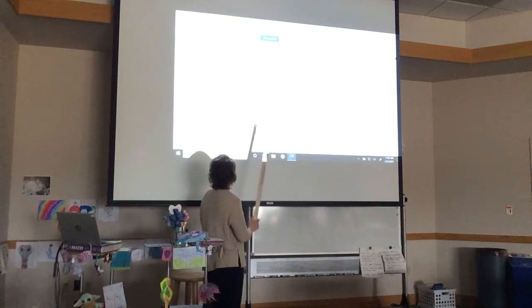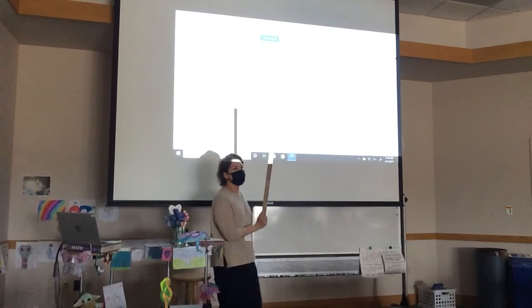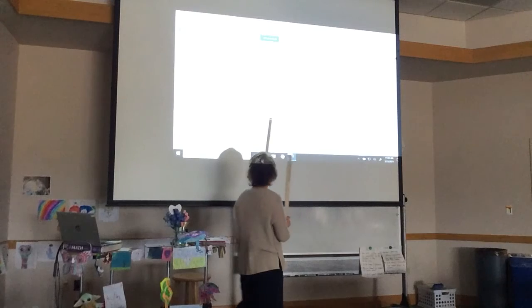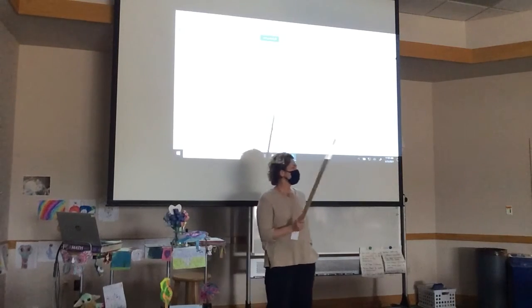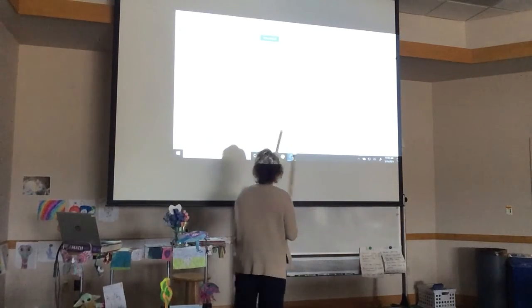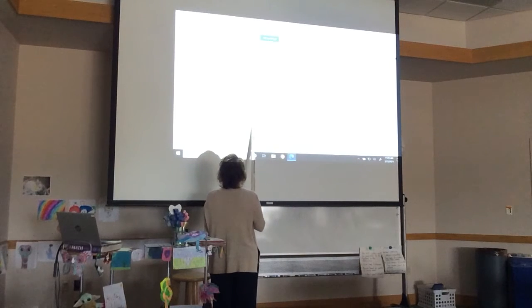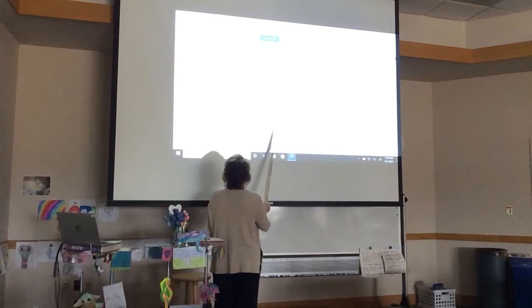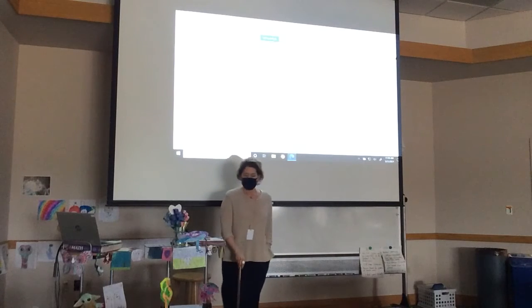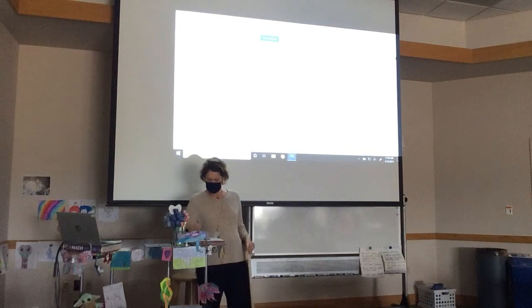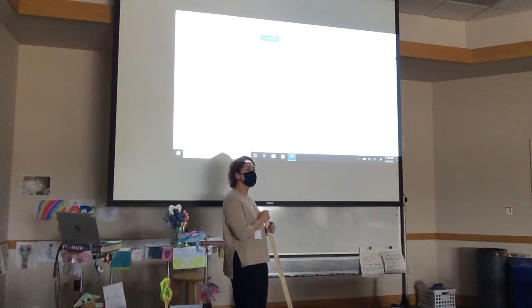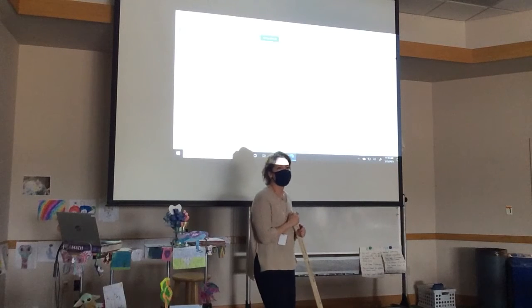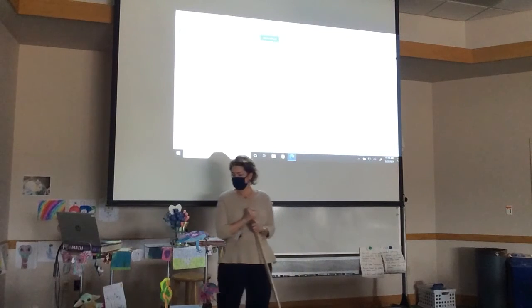All right, let's move on to C. What do we have to do first? Count all of them. Is that going to be the numerator or the denominator? Denominator. Good. All right, let's count. 1, 2, 3, 4, 5, 6, 7, 8, 9, 10. How are we going to find the numerator? What do we have to count? Luke, what do we have to count to get the numerator?